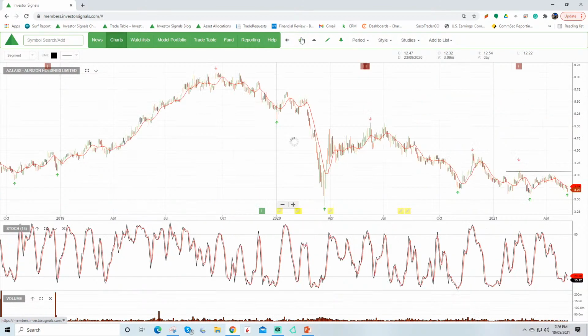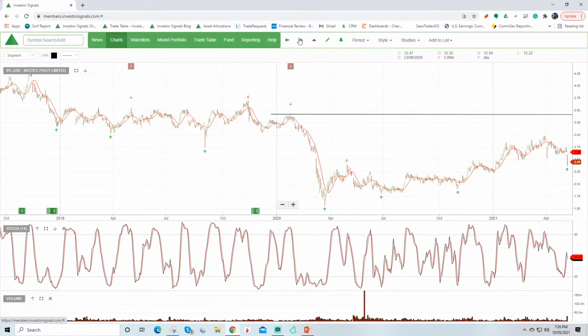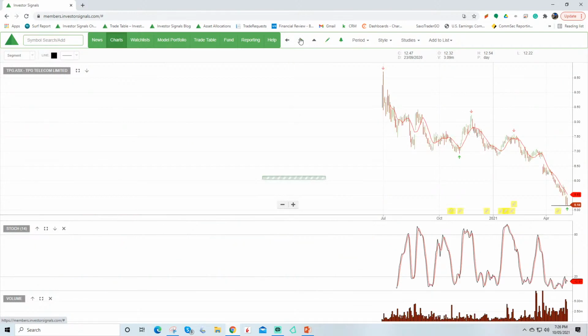Horizon, cautious on that. ANZ was interesting out of the banking results, where you've seen both ANZ and NAB underperform relative to the other banks, and in particular ANZ's off about 10%, NAB not quite as much, about 8% from its highs. Incitec Pivot moving lower after plant-related issues, and there we are back to TPG.